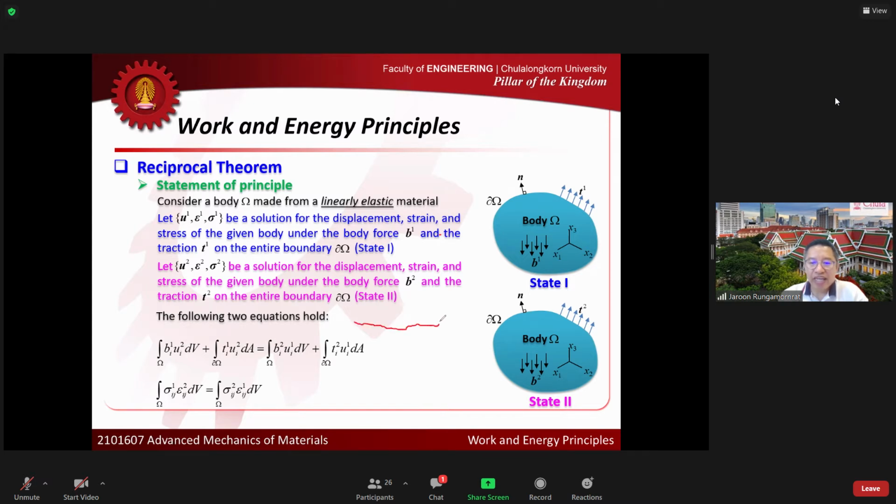Okay. I can show you one simple application. If you have a beam like this, you have the same beam.